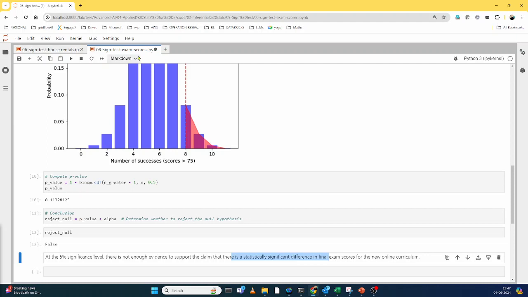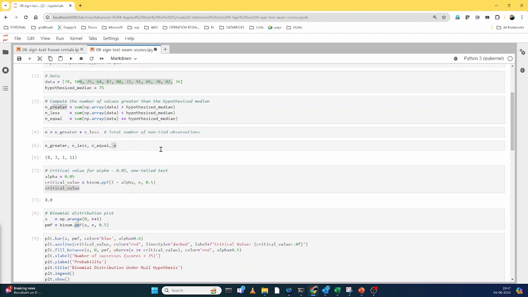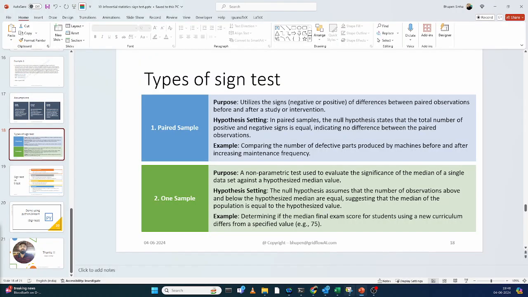So with these two examples, I hope it is clear how to use sign tests and how to put together the problem statement and solve it using SciPy package. So let's summarize some of the key points regarding the sign test. The types of sign tests, we talked about two types.